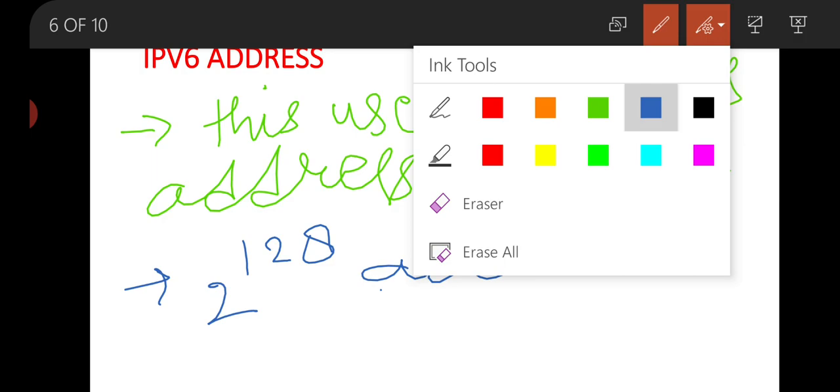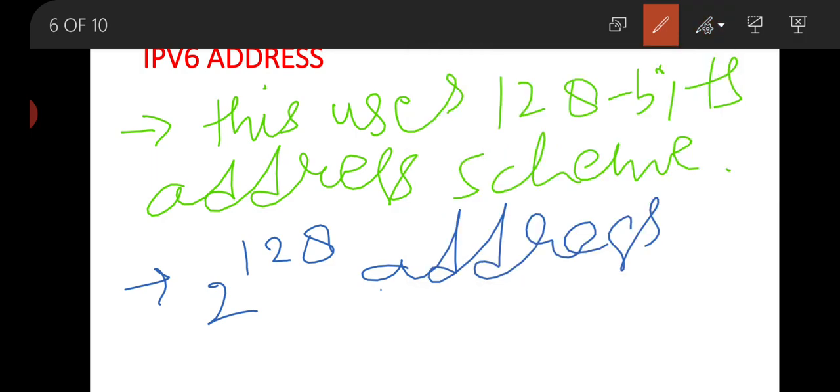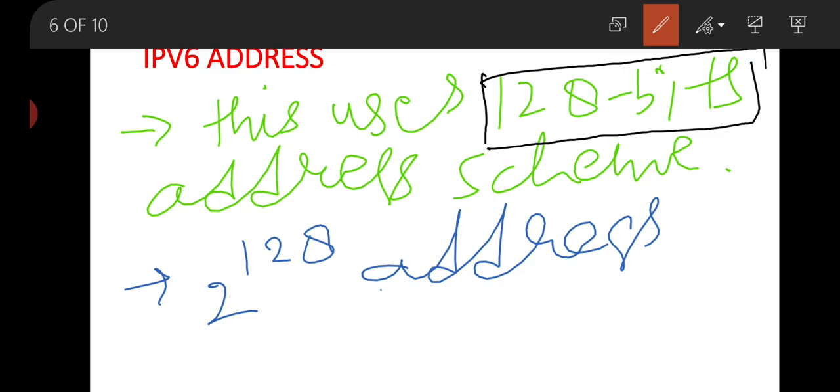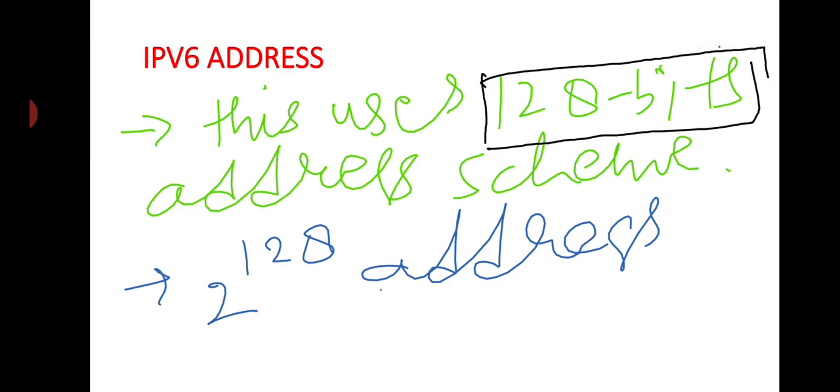This is the advanced version, and what is the difference? The main difference is that it uses a 128-bit address scheme. Now there are two types of IPv6 address.